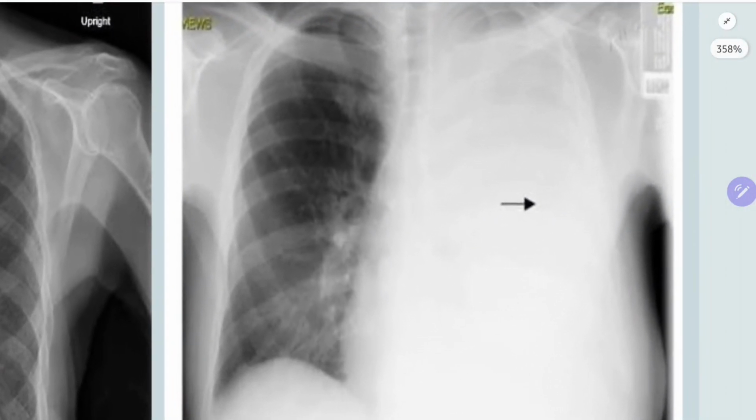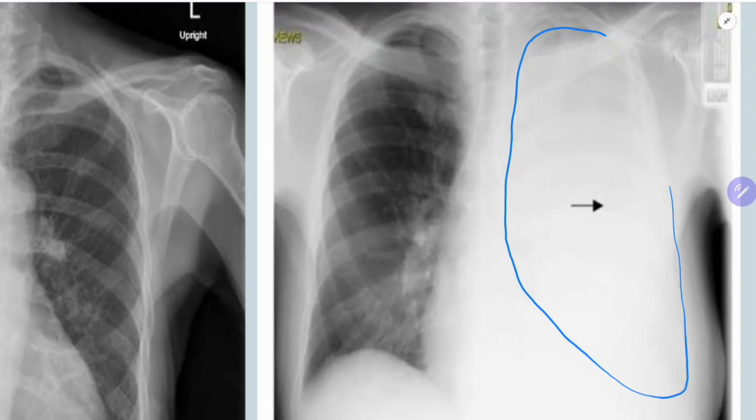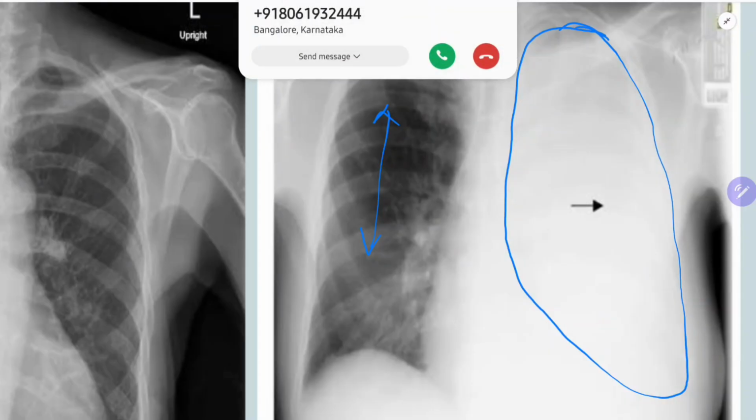See this one. Oh, this is, what do you call, whole left lung is filled with pleural fluid. This is an enormous amount of pleural effusion. Okay. Whole, and you can see compensatory hyperinflation of the opposite lung here.